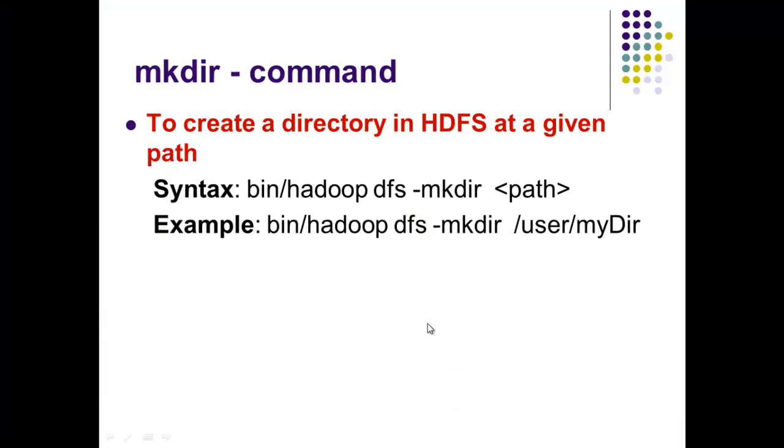Next, mkdir command. Mkdir command is used for creating the directories in the Hadoop file system. You can use the -p option for creating parent directories. We will see with an example.